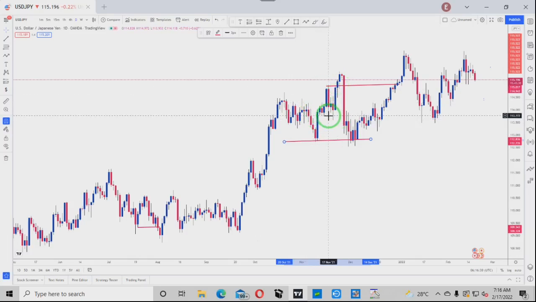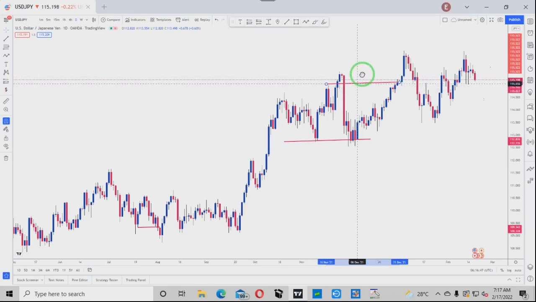All right? Now, take a look again. What happened? Price broke through this swing high to create a new higher high. So once a new higher high is created, I've told you, move your horizontal line to the new high that has been created.